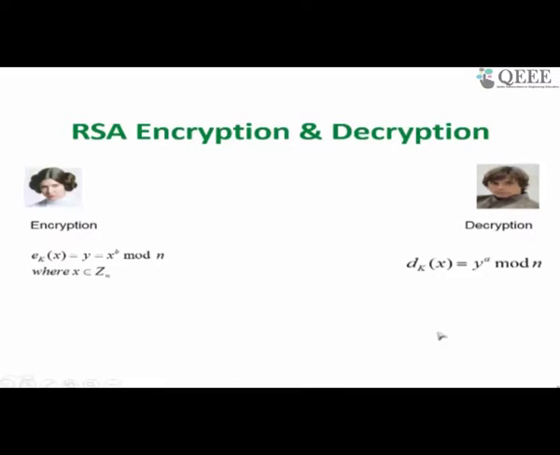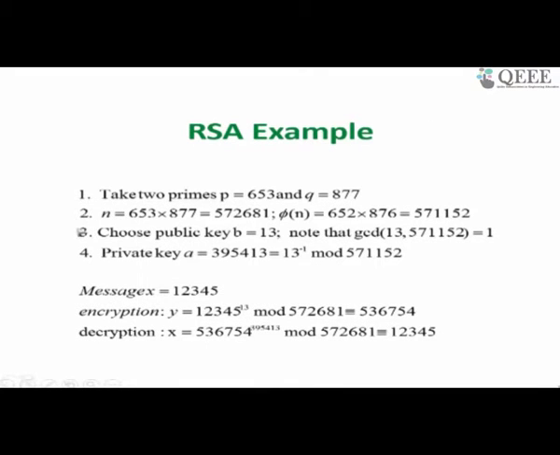Just to take an example, let us assume that the two primes are p and q, P has a value of 653 and Q has a value of 877. So what Bob would do is that he would select these two primes. These are much smaller primes. In reality, the primes would be much larger.